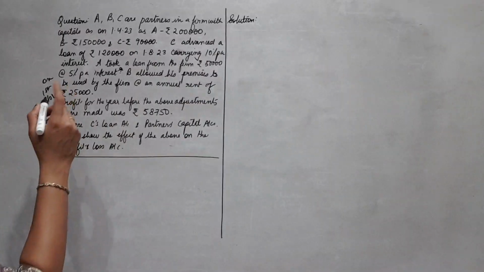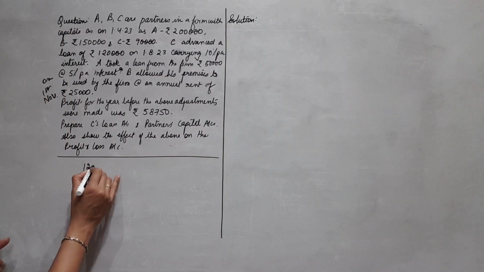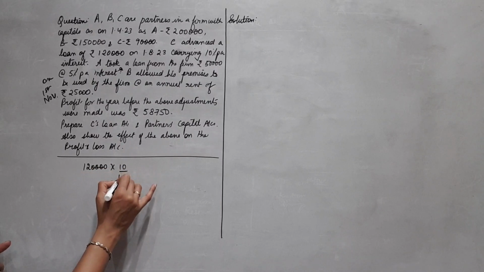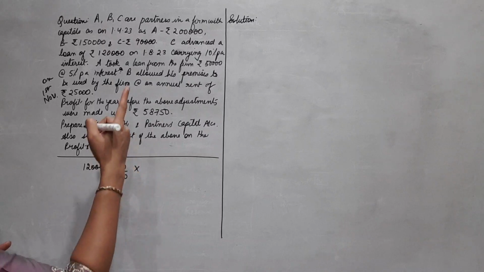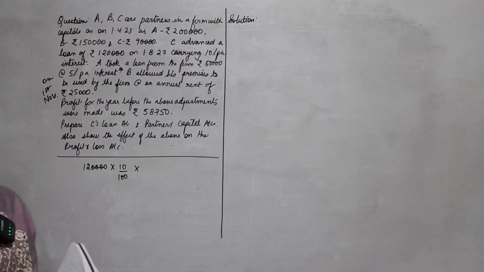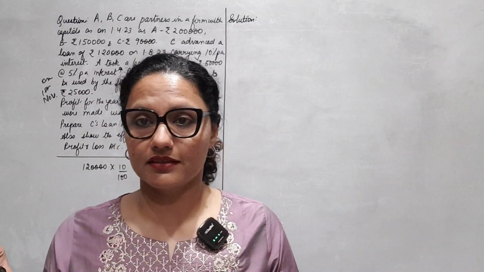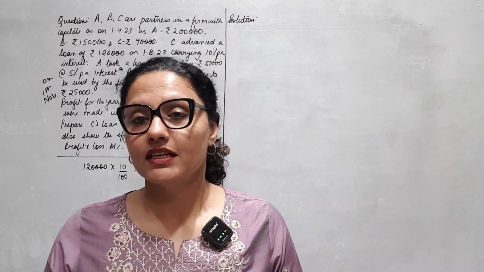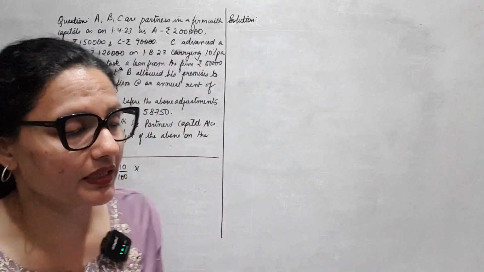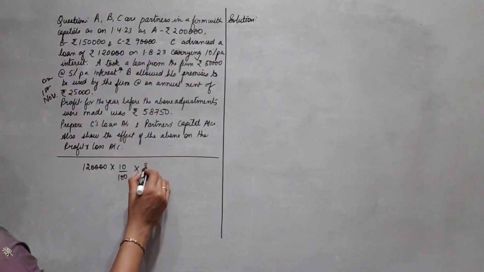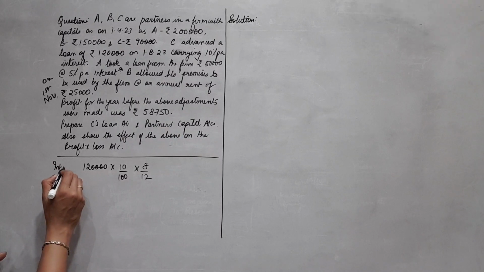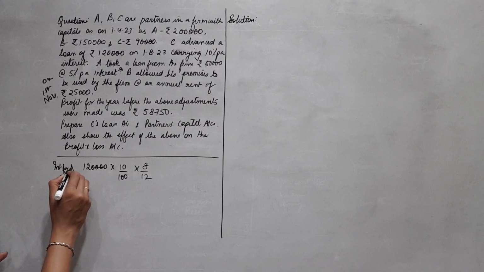He is giving a loan of 1,20,000 at the rate 10% per annum, and he advanced it on 1st of August, so start counting from August. Include August: August, September, October, November, December, January, February, March. 8 months. So you should be charging interest for 8 months. This is interest for C's loan.